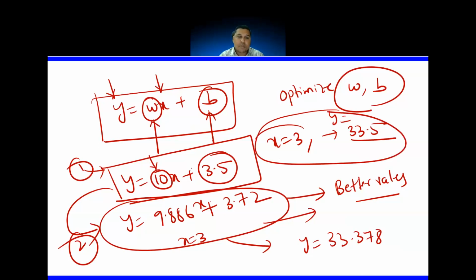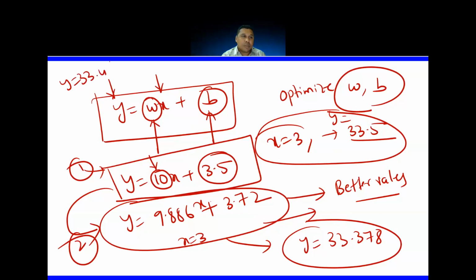If I do some optimization, I'm getting this value. Maybe the actual value of y is, let's check, 33.27.